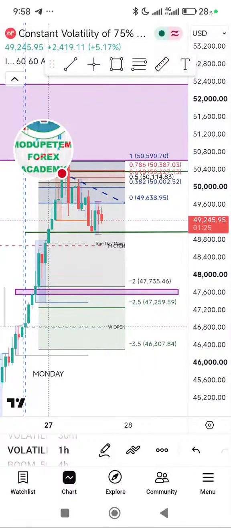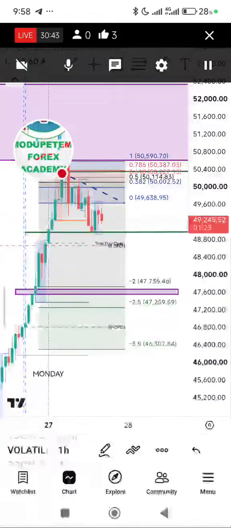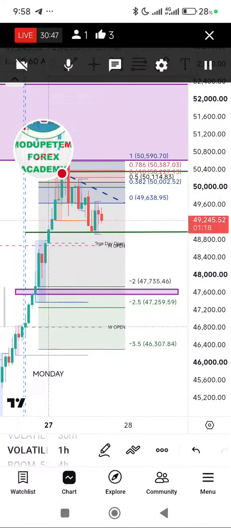And for those that requested Boom 1000, can we have a quick glance at it before I end the live stream? Can we quickly go on Boom 1000, or should we just stick with Volatility 75 tonight?